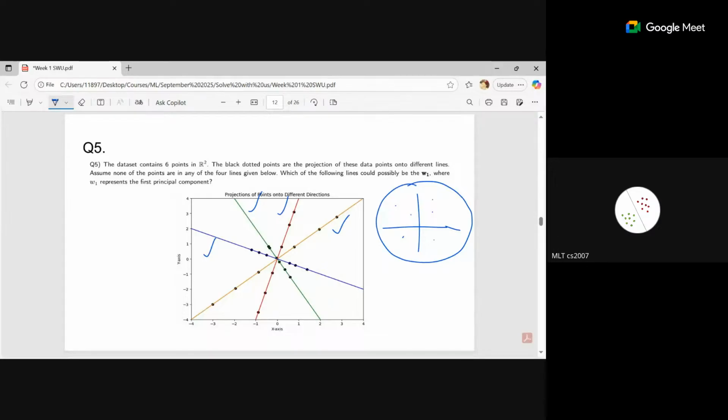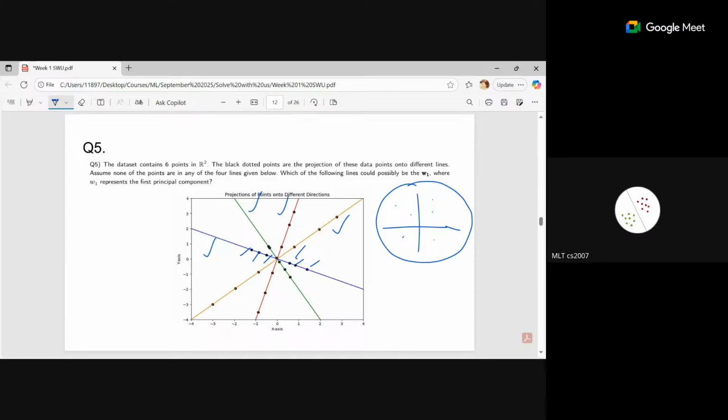If these points are projected on these lines, you see the projections as a tiny black dot on each of these lines. Since there are a total of 6 points, you will see 6 points. Look at the red line: 1, 2, 3, 4, 5, 6.